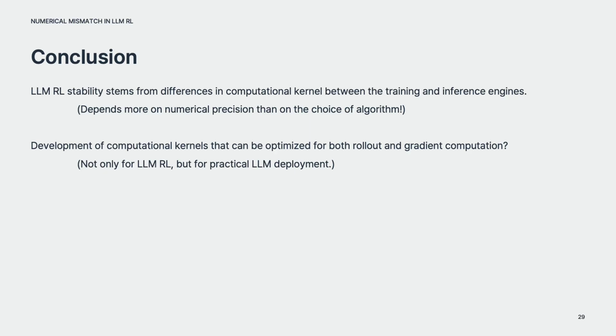If numerical differences between the training and inference engines are large enough to affect model behavior, then we may end up developing and evaluating models under one system while deploying them under another, and this gap could cause the models to behave differently in real-world settings than what we observe during training.